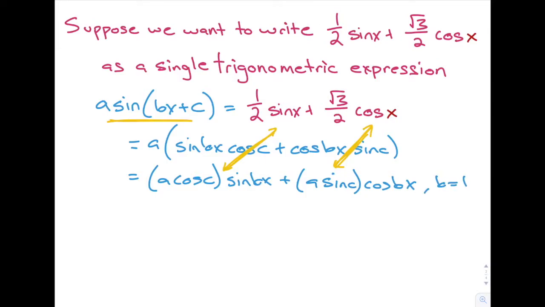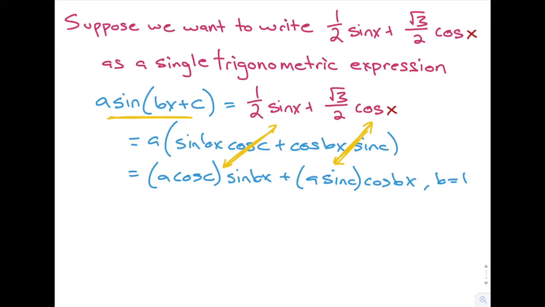So what about a cosine c and a sine c? We have to figure out a and c now. Do you agree that if we take a cosine c, square it, and add that to a sine c quantity squared, these two coefficients must equal these two coefficients, each one squared? I'll show you why we want to square them. It makes it a little bit easier to find a.